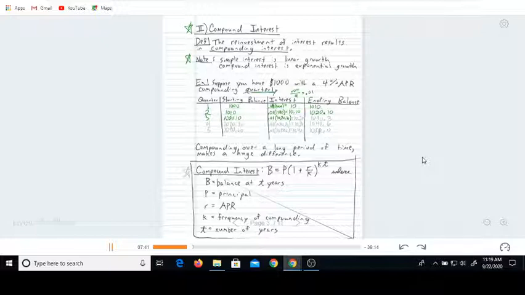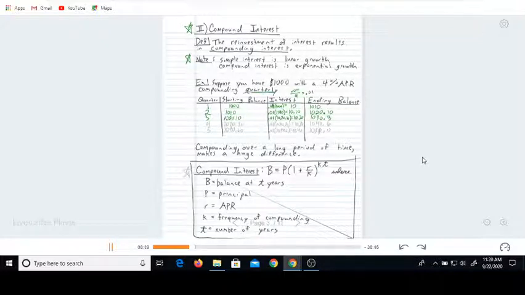And that gets you approximately $10.20. So as you can see, it's not $10 in interest each quarter. You're getting a little bit more, a little bit more, a little bit more. So if we add that to your balance, you get $1,030.30.